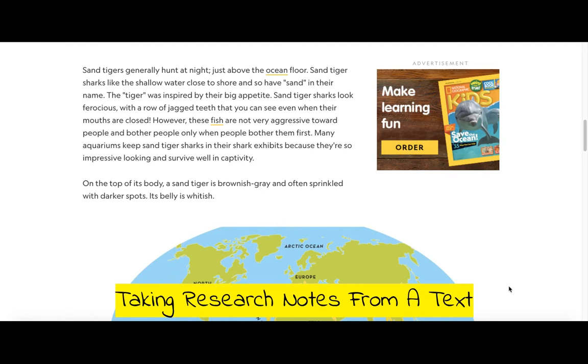However, these fish are not very aggressive toward people and bother people only when people bother them first. Many aquariums keep sand tiger sharks in their shark exhibits because they're so impressive looking and survive well in captivity. On the top of its body, a sand tiger is brownish gray and often sprinkled with darker spots. Its belly is whitish.